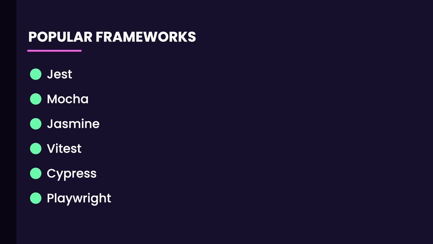Among these, Jest is the most widely adopted and used in many projects. However, there is a little catch with Jest. It's an older framework, and its support for ECMAScript modules or native JavaScript modules is still experimental. So setting up things can be a little bit awkward. So in this course, we're going to take a different route.